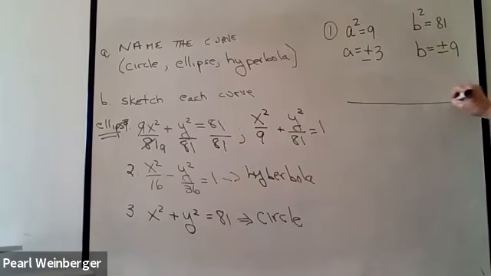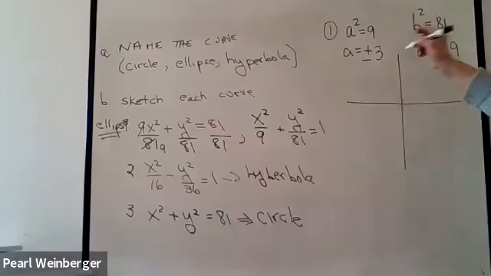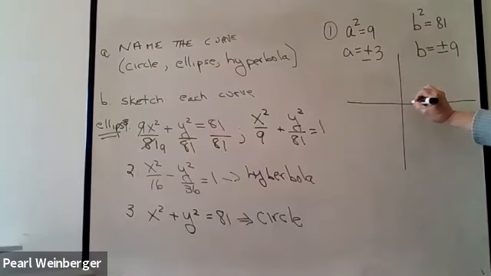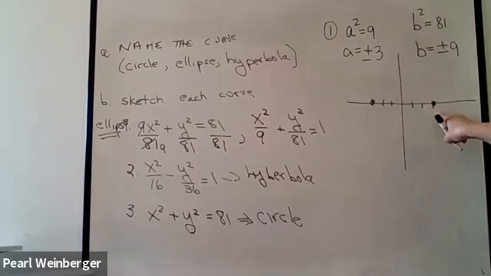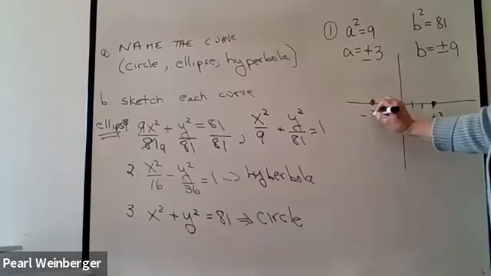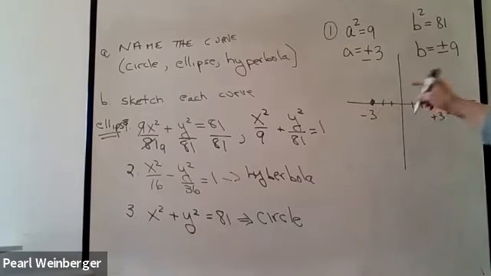So when I go to draw this, on the x-axis, I have to go 3 to the right and 3 to the left. Here's my positive 3. Here's my negative 3. Of course, in this case, the y is 0. My x-intercepts are 3 and negative 3.